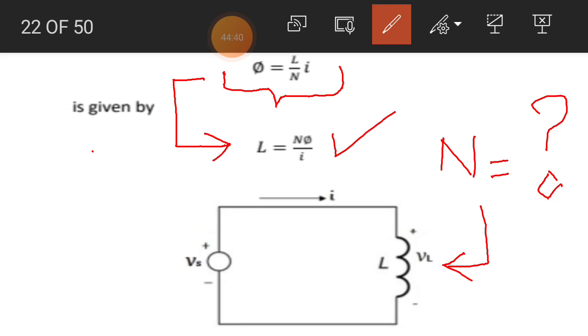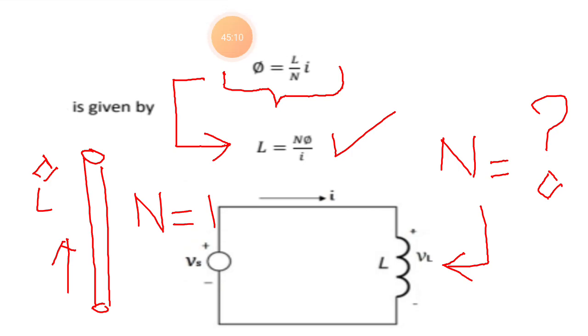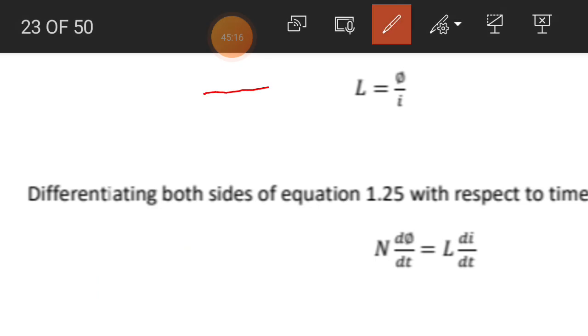And if I have a straight conductor, N will be equal to 1 for a simple straight conductor. If there is a current in this conductor, this simple straight conductor will behave like an inductor, and the inductance of the simple straight conductor will be equal to phi divided by I. Why?